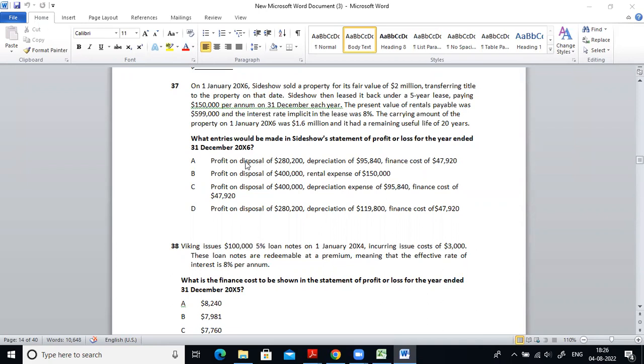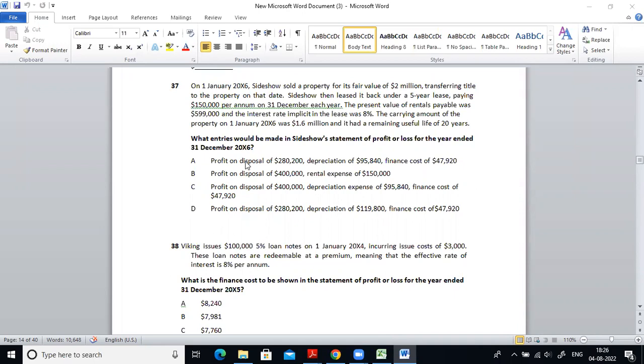And even the profit on disposal is very confusing. Most of the students are generally confused here. Normally, how will we get the profit on disposal? We just compare the disposal value and the carrying value. So here in this case, 2 million minus 1.6, that is nothing but 4 lakhs is our profit on disposal.